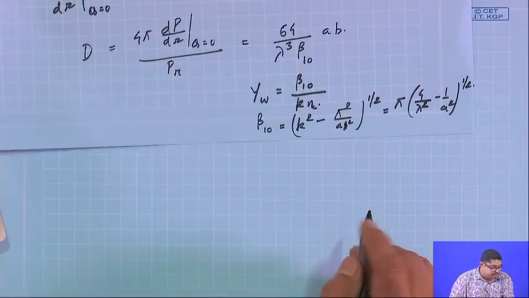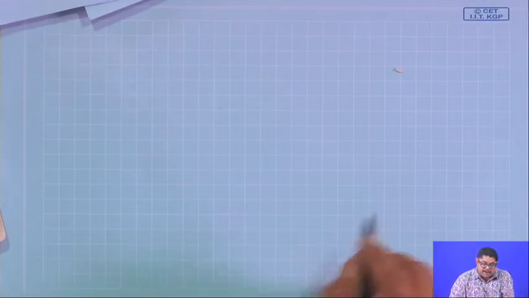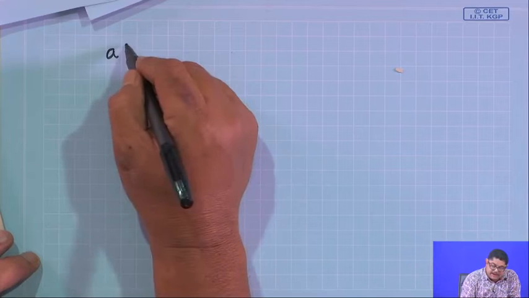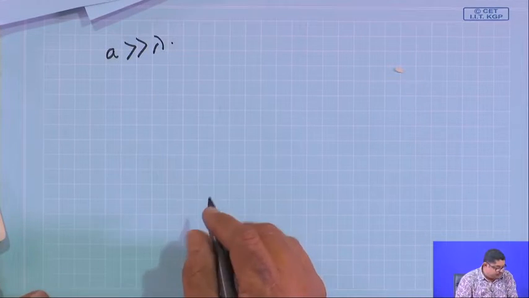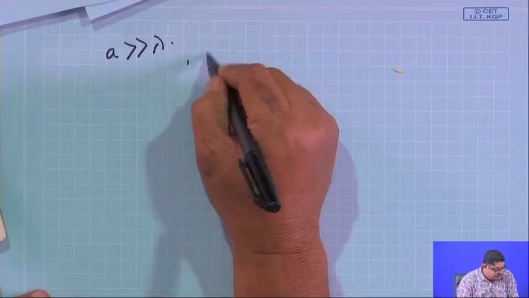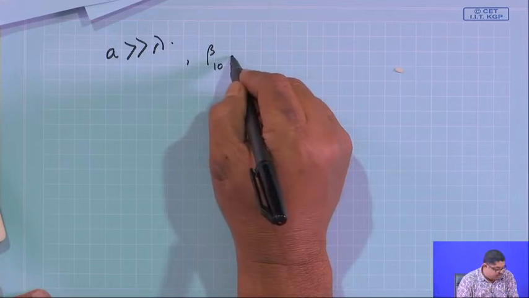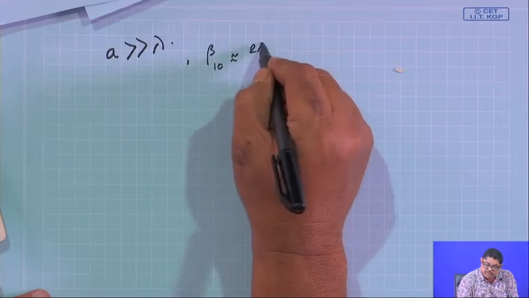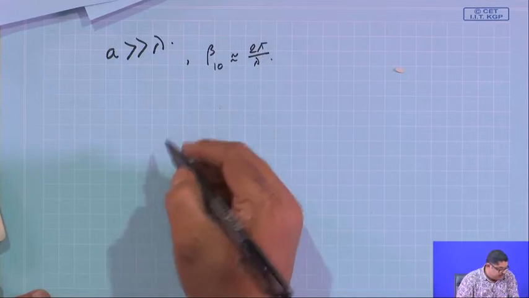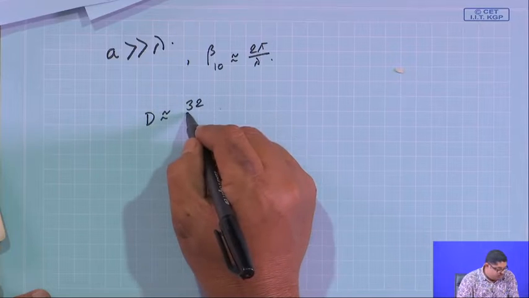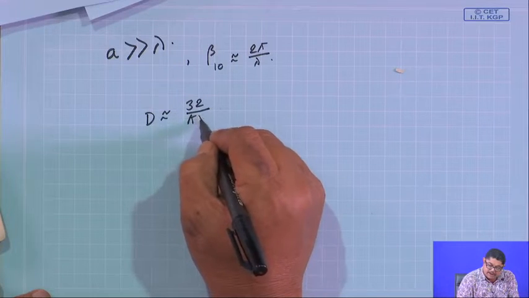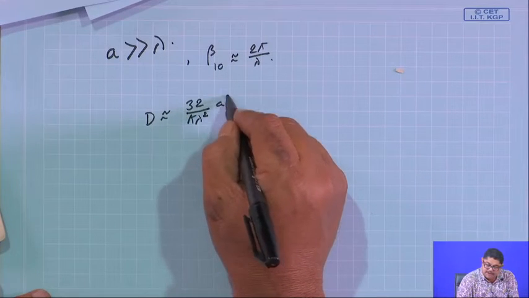Again if a is much greater than lambda, then beta 10 is almost 2 pi by lambda, and then D becomes 32 by pi lambda square ab.